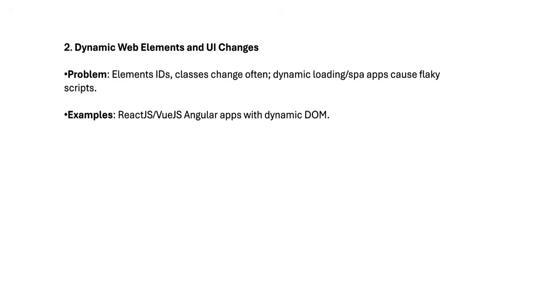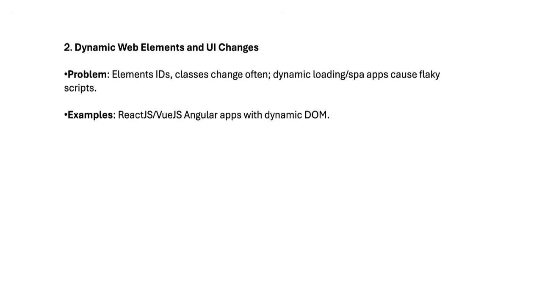For example, React.js, Vue.js, Angular apps with a dynamic DOM. In the sense, in certain applications, in the case of React or Vue, an element loads after another element is loaded or on click of a certain element. So we have to make sure we are providing the right element, we are waiting for that particular element to load, and we also check whether it is visible or not.